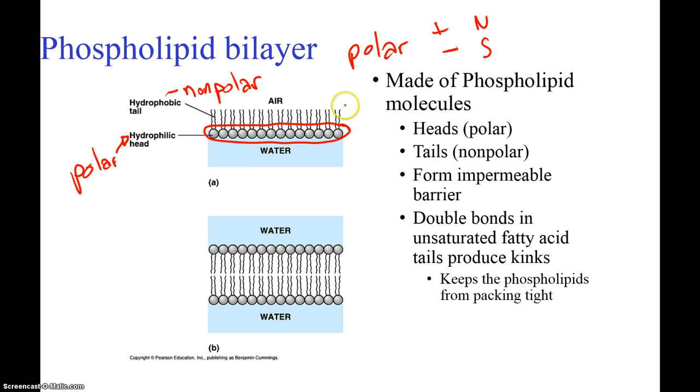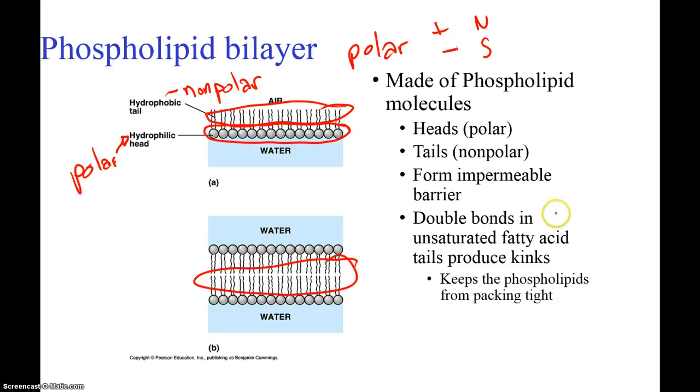The tails do not. They try to stay away from water as often as possible, which is why you see no water here. These phospholipids form an impenetrable, impermeable barrier that does not allow water or other things to pass through it.